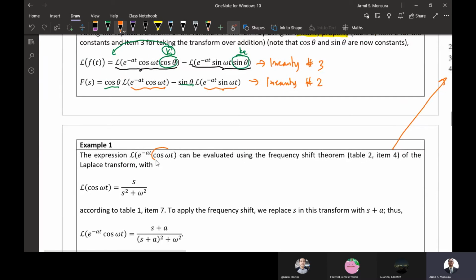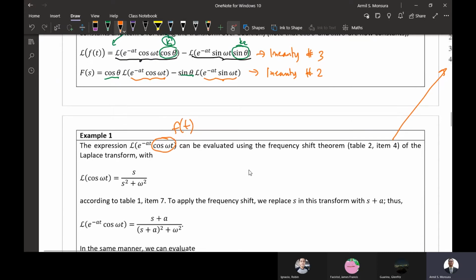Ito kasi yung f of t ninyo. That's your f of t. So, if we are to apply the frequency shift theorem, kukunin natin yung f of s niyan, yung Laplace transform ng cosine omega t. Okay? So, yung Laplace transform ng cosine omega t ay nasa table 1.